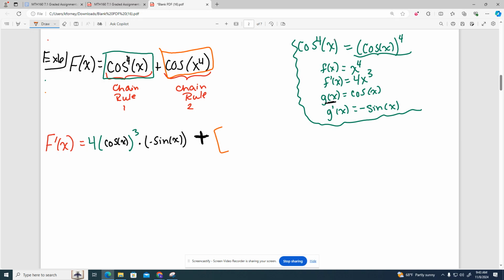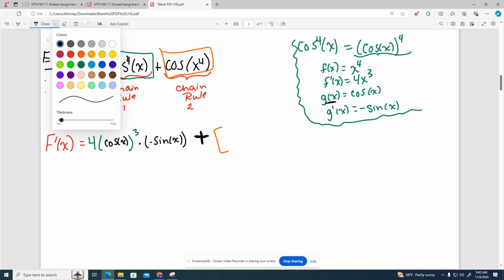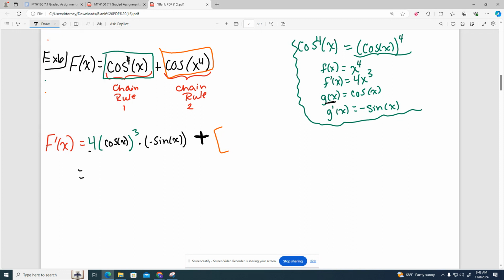So now, before I do the chain rule for that, I want to look at how I can simplify this. We could write this as -4 sine x cosine cubed x, like that.